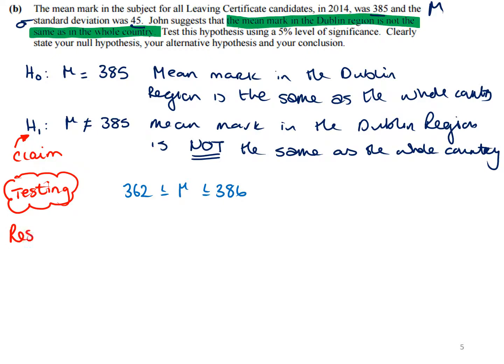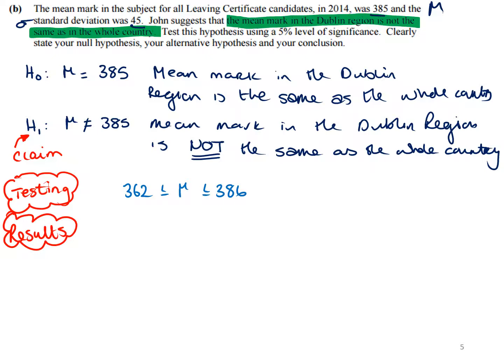After that, we do what's called the results. The results are a mathematical result. The null hypothesis says mu is equal to 385. The testing, the 95% confidence interval for the population mean, was given as between 362 and 386. Based on that, does it look correct? Yes, because 385 does sit in that confidence interval.